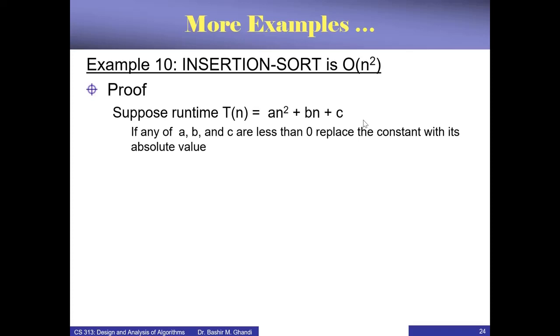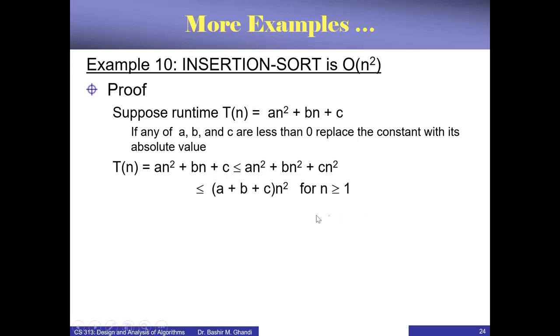In that case, we can say that a n squared plus b n plus c will be less than or equal to a n squared plus b n squared plus c n squared. In other words, we can upgrade these two terms to also have a degree of 2.